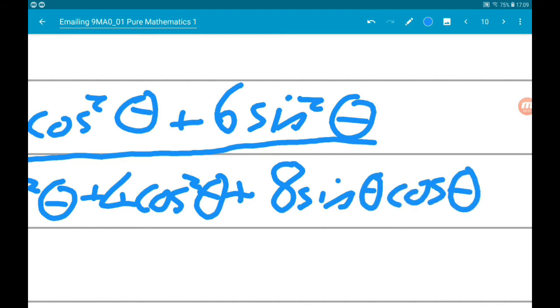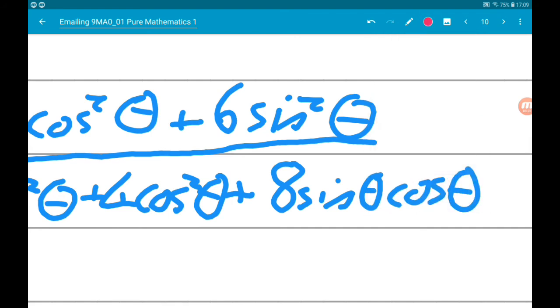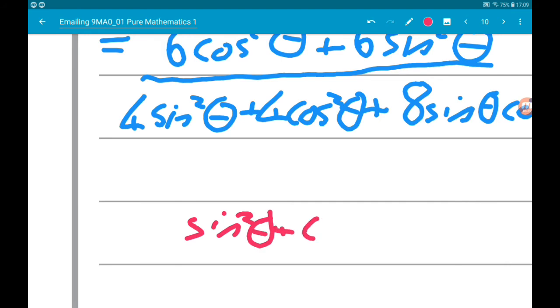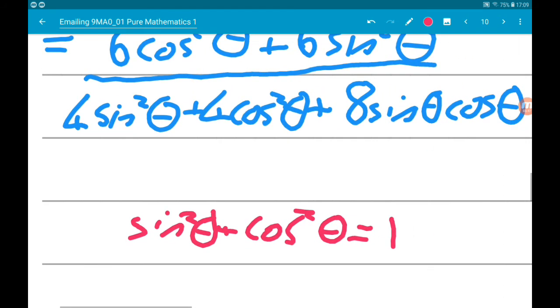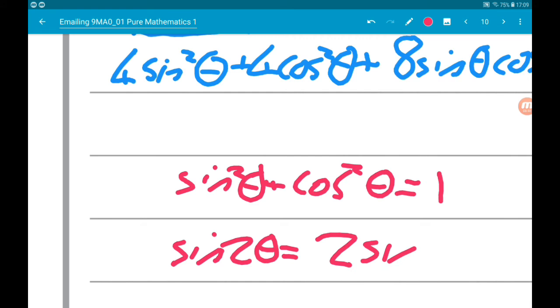Okay, so now we need to get some identities working for us. So first up, sine squared add cos squared is equal to 1. That's going to help us a lot. And also, sine of 2 theta is equal to 2 sine theta cos theta.